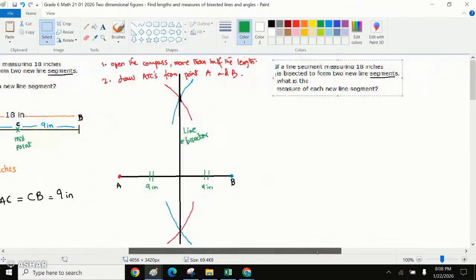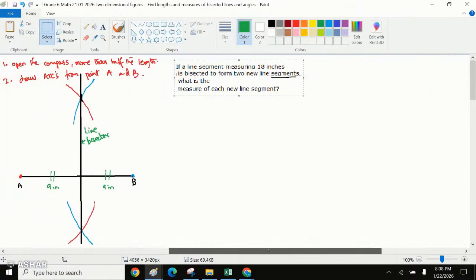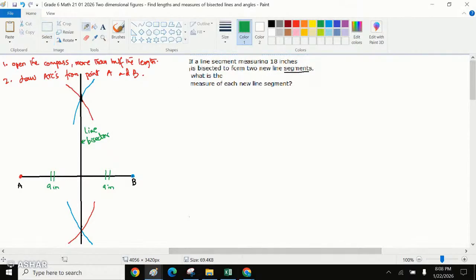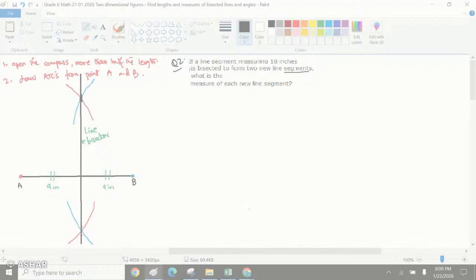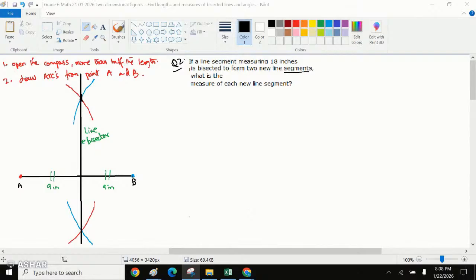This is our question number 2, and what they are saying is that a line segment is given to us, and the length of the line segment is 30.